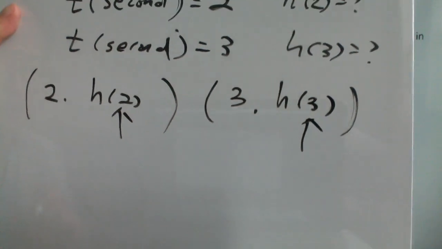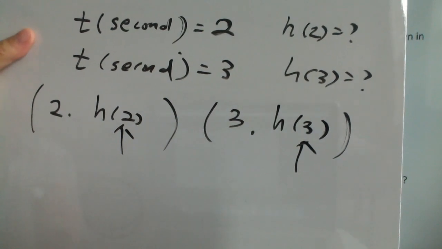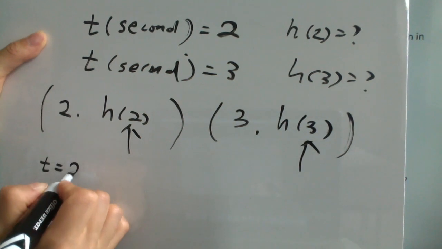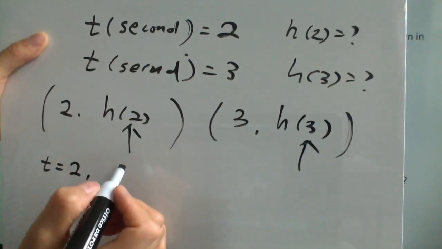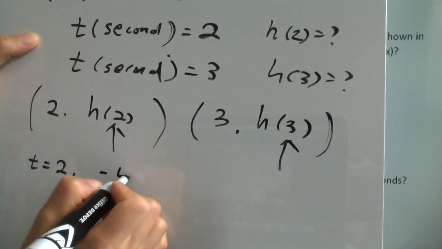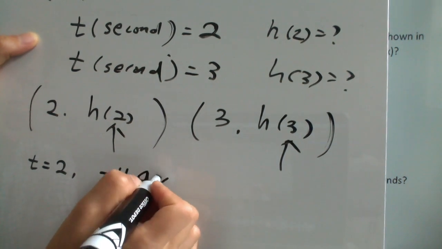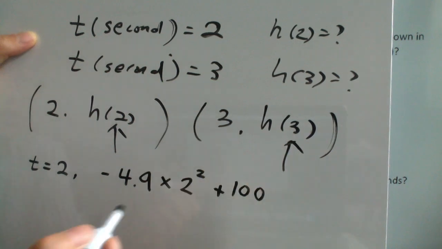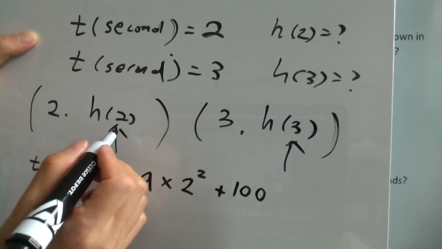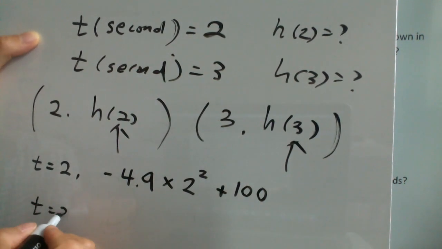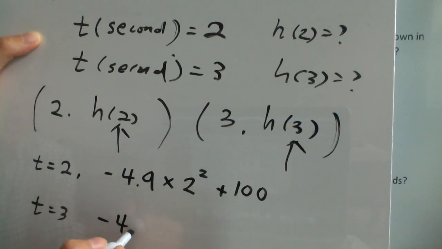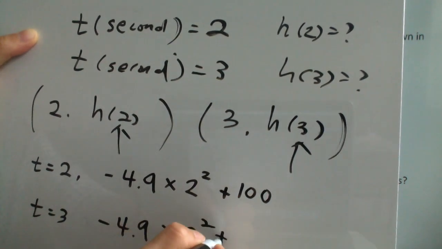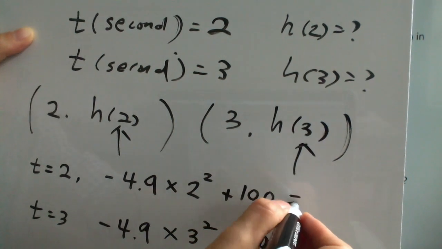Okay? So let's follow. When t is 2, meaning 2 seconds, negative 4.9 times 2 squared plus 100. There will be h(2), right? When t is 3, we need to find these values.